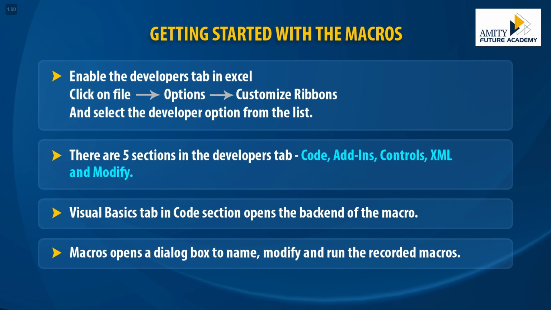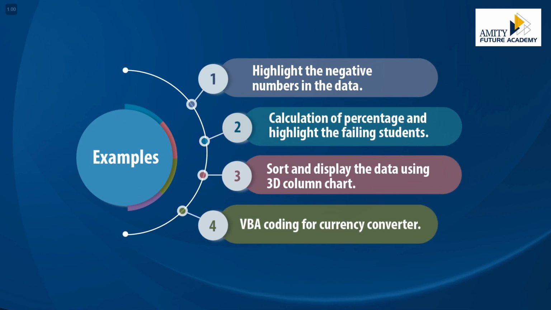It also has the option for assigning shortcut keys for the macros and a description for the same. I'll be covering a few examples so that you will get an entire idea of how to record the macros, to edit the macros in the code format, or to access the recorded macros, also assigning the shortcut keys and all the features of the macros.